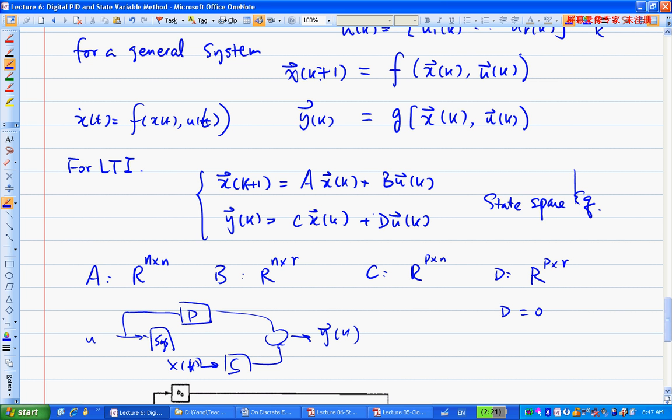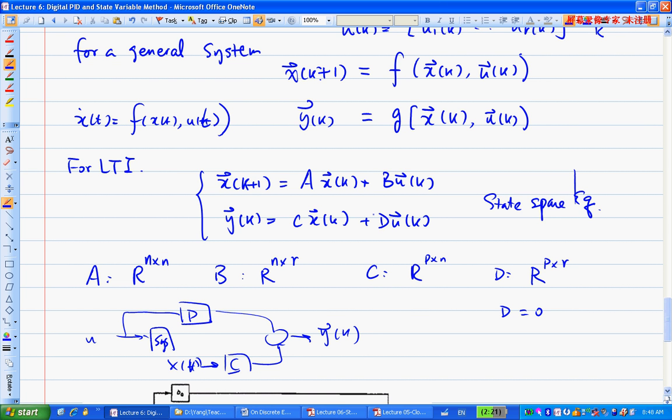Just hold on one second here. I have this next one we're going to talk about. There's a concept called proper system, strictly proper system, and non-proper system. Your system is described by a transfer function, and there's the order of the numerator and the order of the denominator. If the order of the numerator is larger than the order of the denominator, that's called a non-proper system.